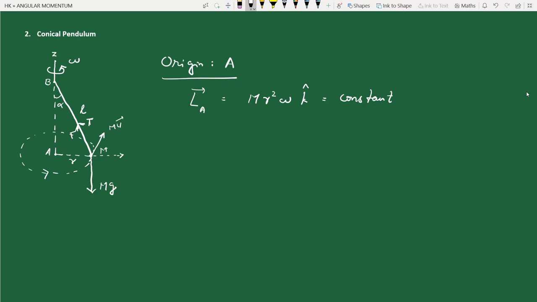So it is the tension with which the rod pulls the mass. These are the two forces acting at the bob, tension and weight. We can resolve the tension along the vertical direction. So let me draw it in a better way.